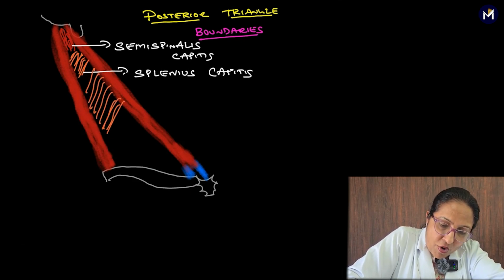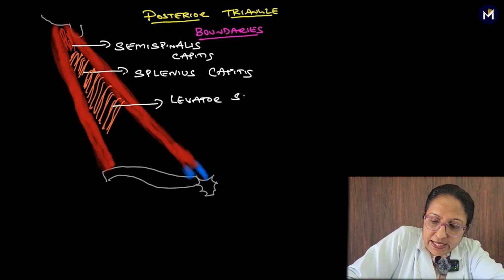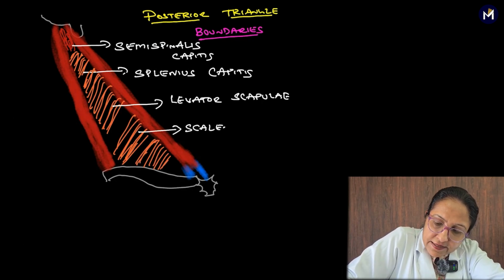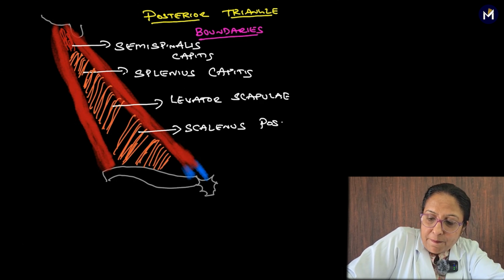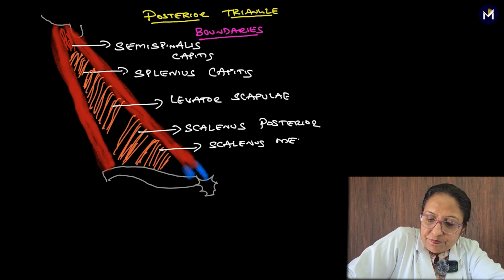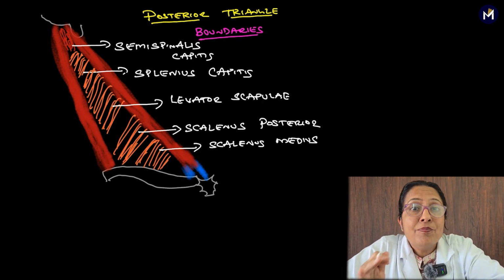This muscle forms the floor. This is Levator scapulae. And then Scalenus posterior and medius. So this is Scalenus posterior and this is Scalenus medius. These muscles form the floor.